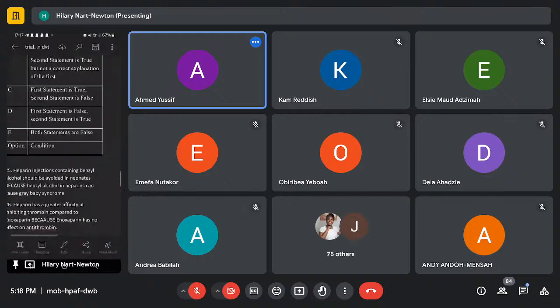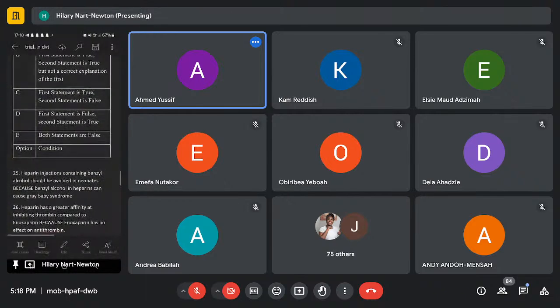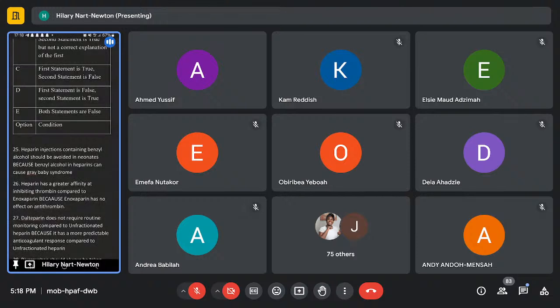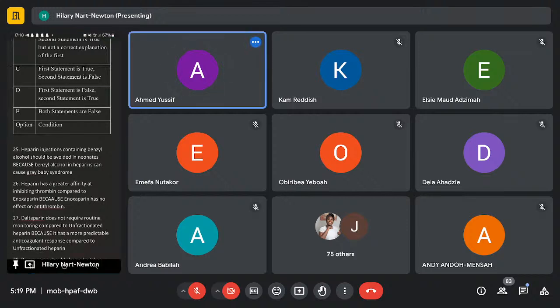Twenty-six. Heparin has a greater affinity at inhibiting thrombin compared to enoxaparin because enoxaparin has no effect on antithrombin. Okay, so first statement, true or false?